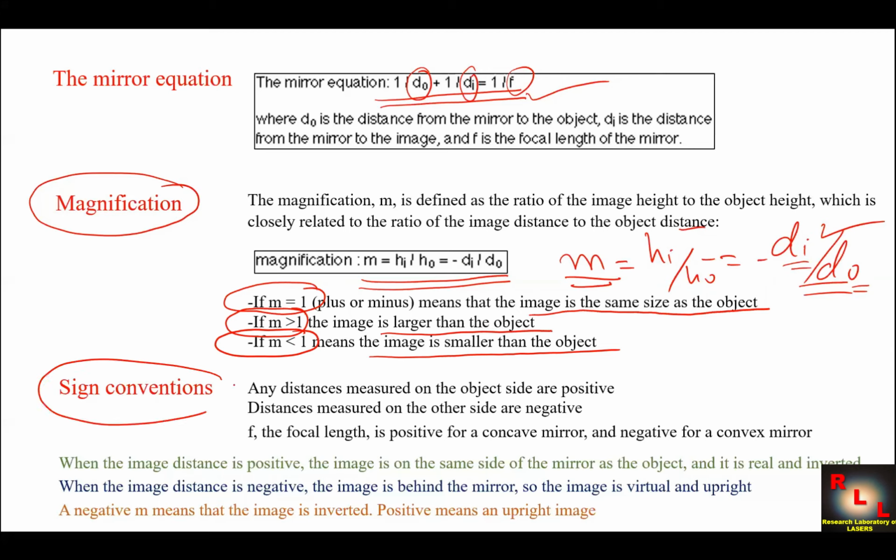Sign conventions. There are two possibilities that we have studied: concave mirror, object, image; convex mirror, object, image.